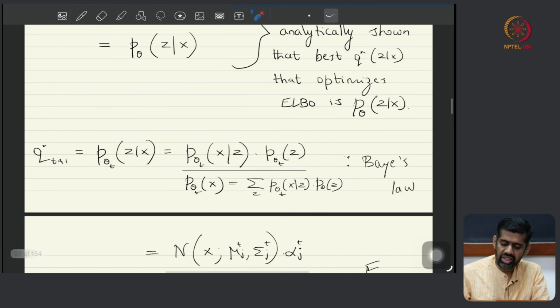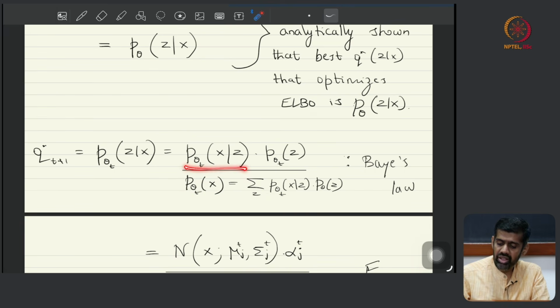We know that for a theta, q star, which is the optimal variational posterior, is equal to p theta of z given x at that particular theta t. How do you find this p theta of z given x? Use Bayes law. That is given by p theta t of x given z times p theta of z, divided by this normalization constant.